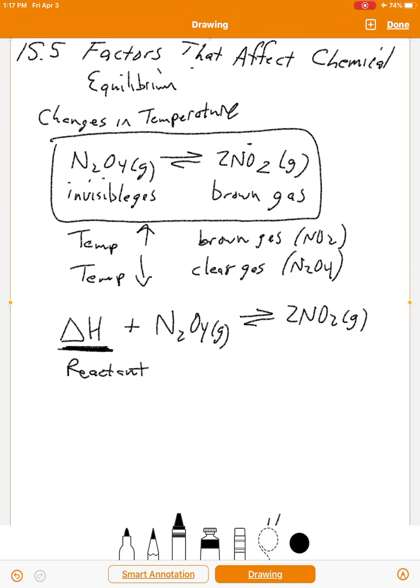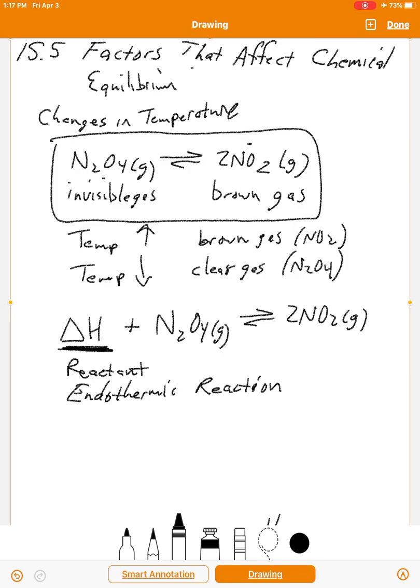And we're going to put the reactant on the left side. If we put the reactant on the left side, that means that we need heat for this reaction to go to the right. And so we call that endothermic. We would say that's an endothermic reaction.